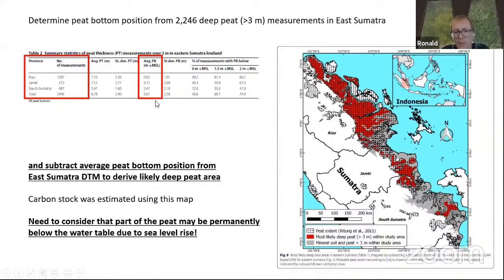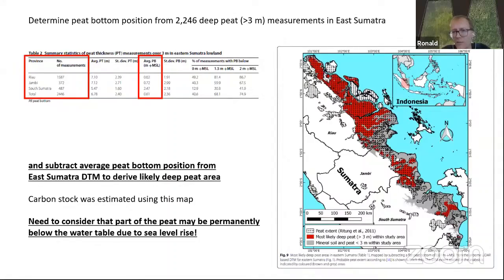The average peat bottom ranges somewhat, and we have applied an average peat bottom position of 61 and subtracted this from the elevation model to derive a deep peat map. We've done some sensitivity analysis. The details you can find in the publication. And in the publication, you will also find our carbon stock estimation using these maps.